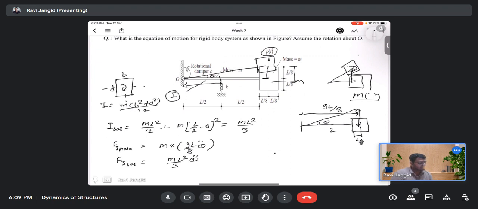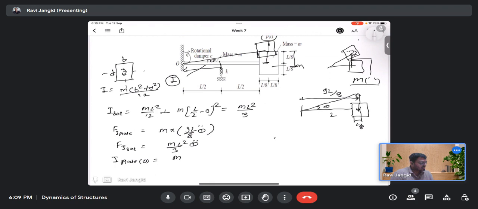So for the rotational of the bar plate, we have discussed as m b square plus d square divided by 12. And here I have given b is equal to L by 8, d is equal to L by 8. So can you give me the value of I plate?